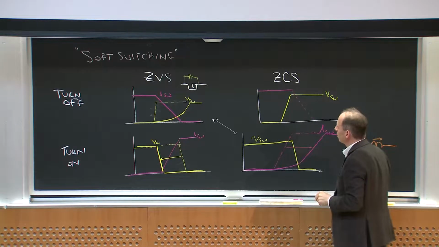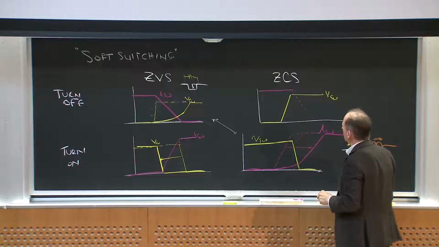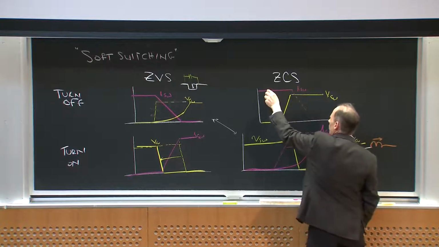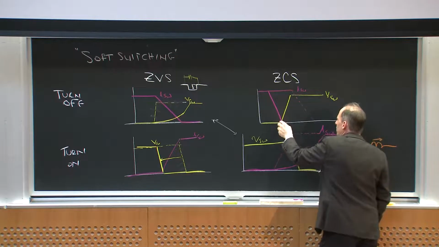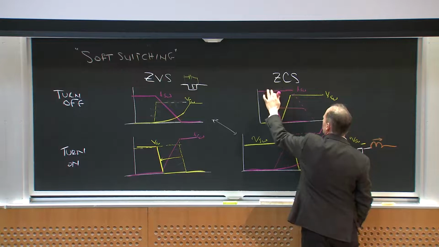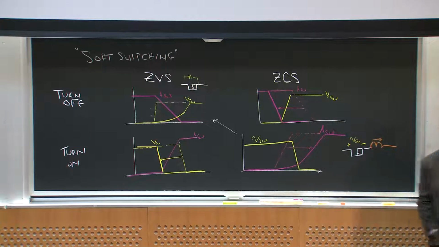Well, what if I were really clever and somehow I could make the current go to 0 before the time I wanted to turn off? If the current were naturally 0 when I was going to turn off, I can turn off the switch with no overlap in voltage and current, I'm done.